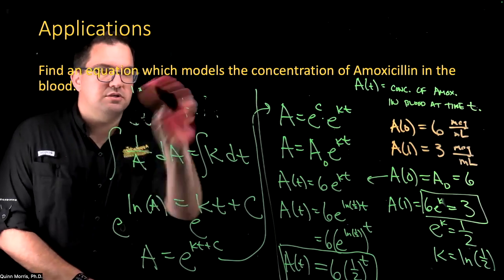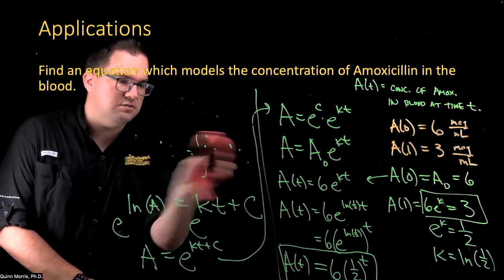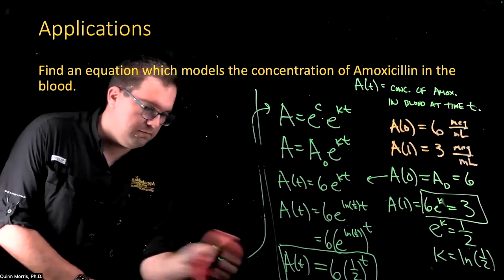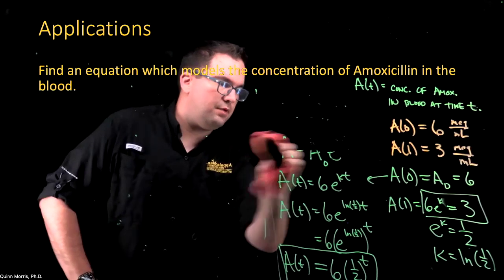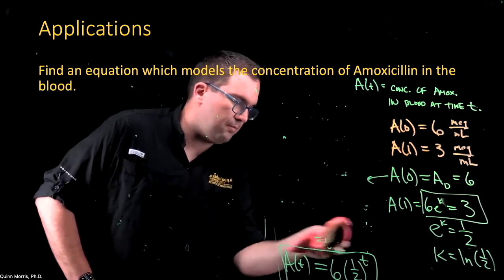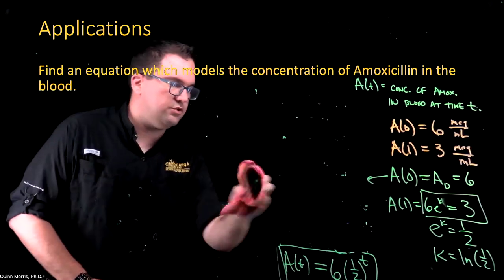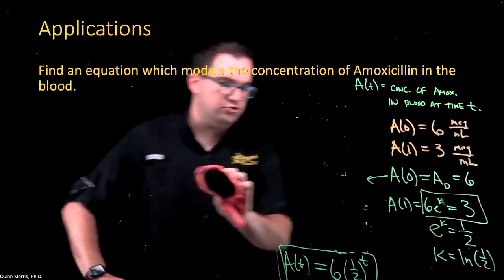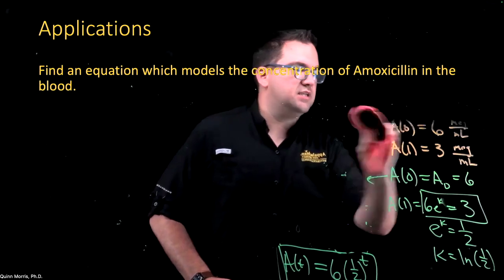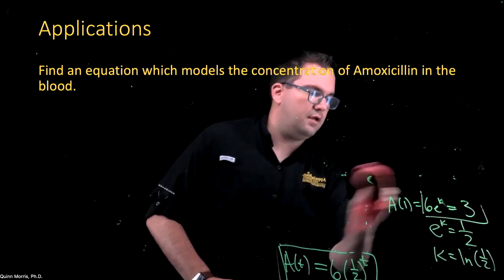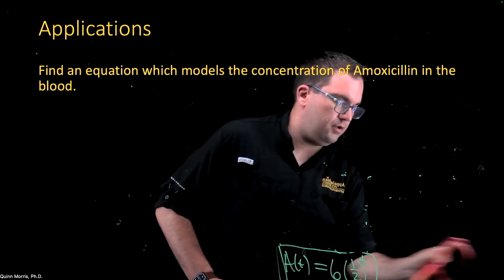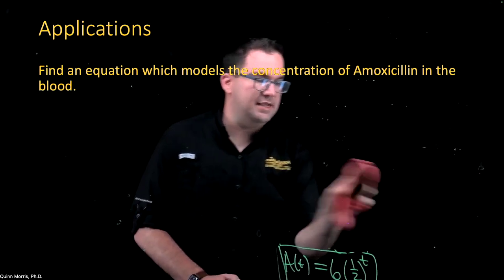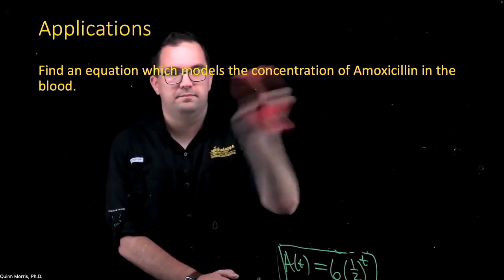Okay. So now let's ask another question. I get this erased here. I'll leave our model down here so we have it. This model is telling me what the concentration of amoxicillin is in the blood after time t, after that initial blood panel.